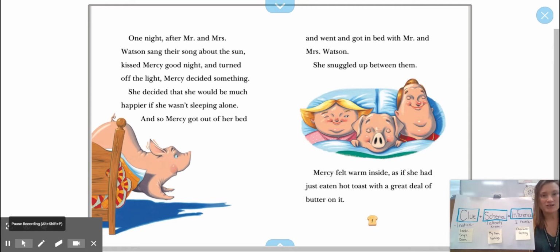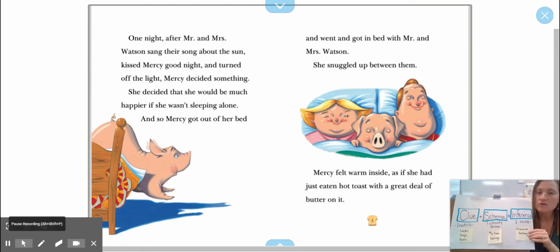So, yesterday we tried making some inferences about my wallet. And indeed, you can make inferences about so many things in life. But today we're going to try and make some inferences based on Mercy Watson. And these inferences are going to be about the character's feelings.